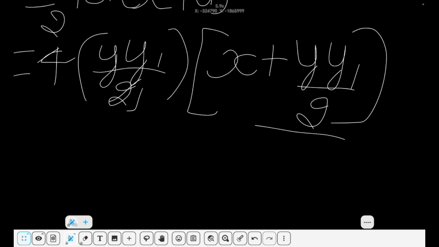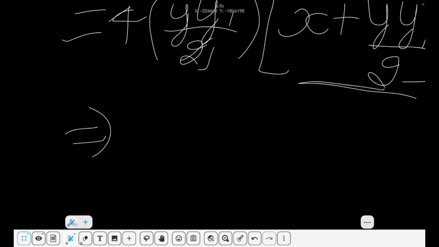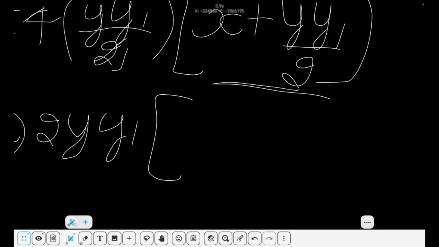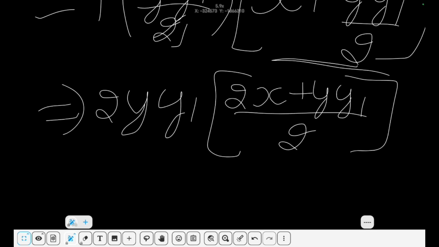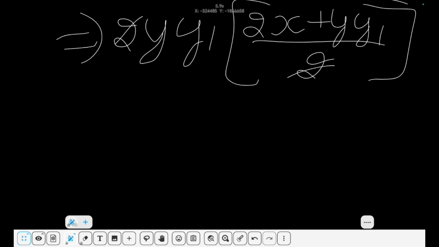Now I take LCM of this. That gives me 2y1 into 2x plus y1 by 2. If I take the LCM of this, I get this. Then again 2 gets cancelled out.